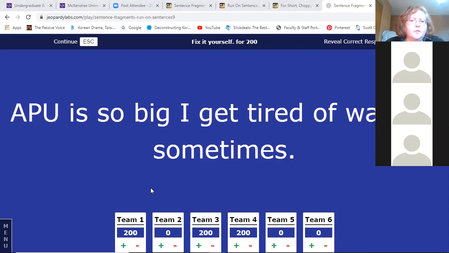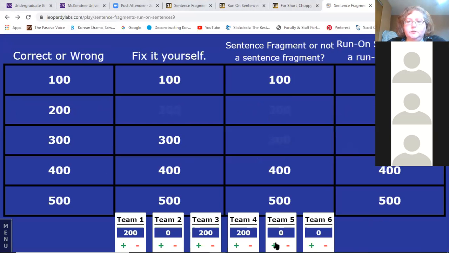No, it's just Ellie and I. Sorry. Well, let's have you guys be team 5. Which one would you like? Correct or wrong for 200?